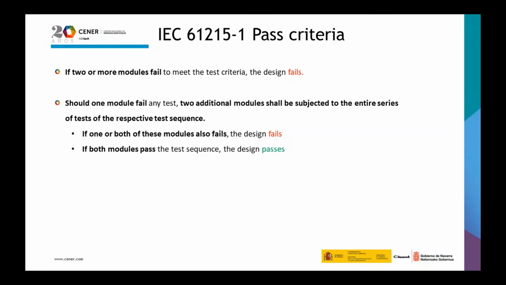But if only one module across one sequence fails, two additional modules shall be subjected to the entire series of tests of the respective test sequence. And again, both modules should pass to gain the certification.